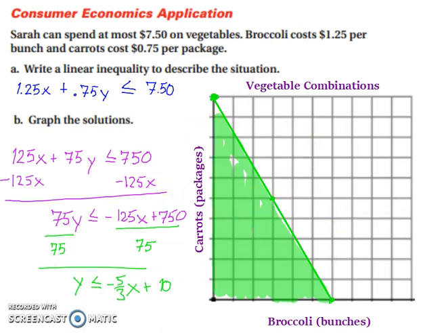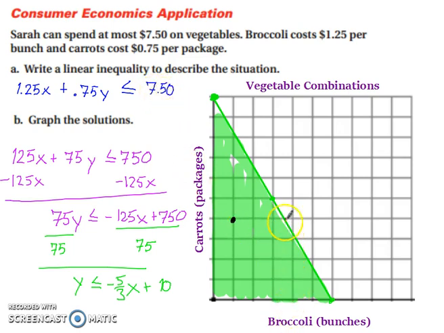Now what if we were to pick a couple possibilities for solutions? Anything in the shaded region, or in this case, on the line, is going to be a solution. So Sarah could purchase one bunch of broccoli and 4 packages of carrots and spend less than $7.50.